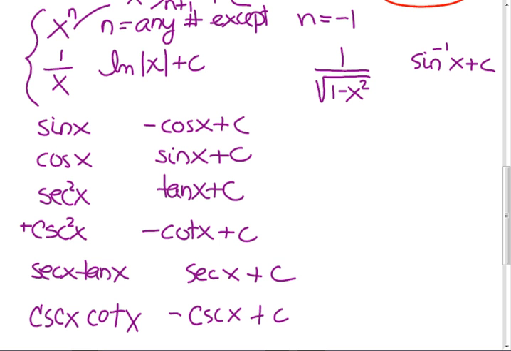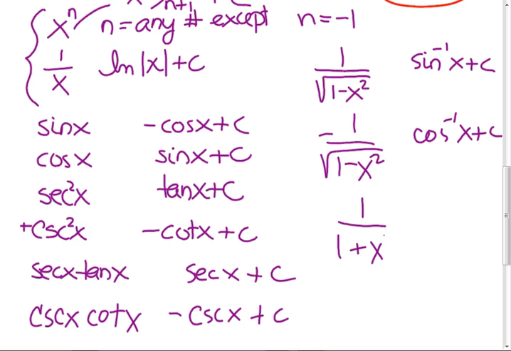I don't think it's going to be a problem. Maybe they might do it to you on a multiple choice. Inverse cosine of x. And 1 over 1 plus x squared is inverse tangent. That's it. Those are the only ones you know how to integrate.